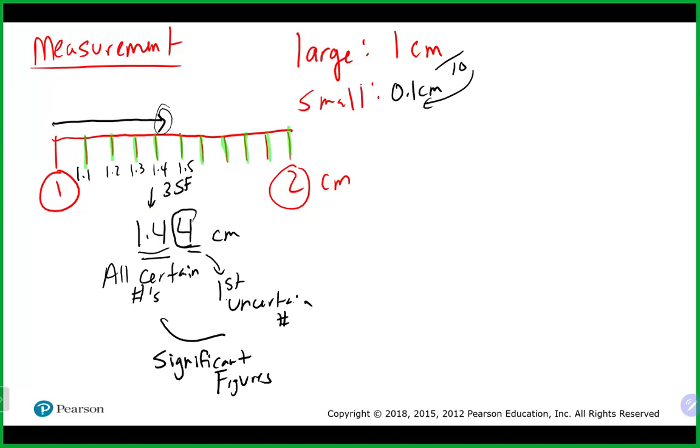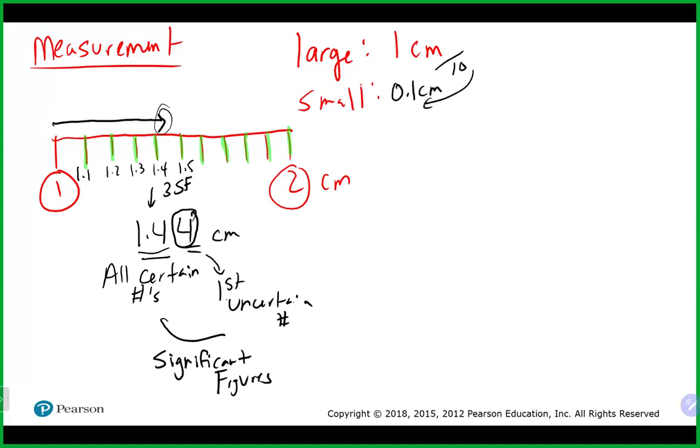The uncertain number is always the last significant figure. So in this case, that last 4 would be where the uncertainty is. Essentially what we're saying here is I think it's 1.44 centimeters, but maybe it's 1.45, maybe it's 1.43. The uncertainty falls in the second decimal place, which is what we're not 100% sure of, which is not terrible or bad in that sense.